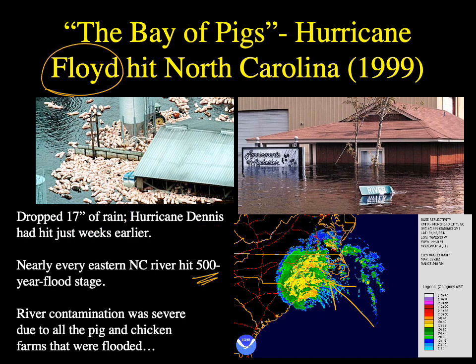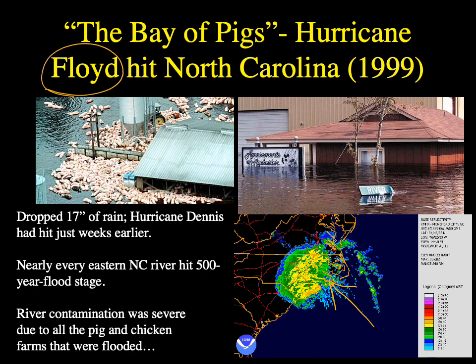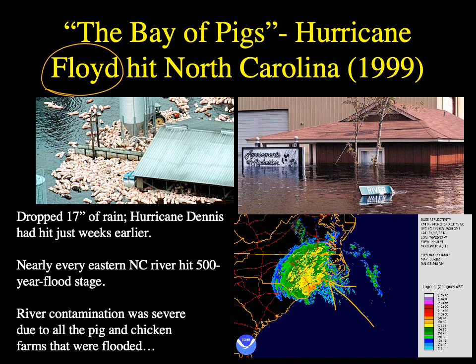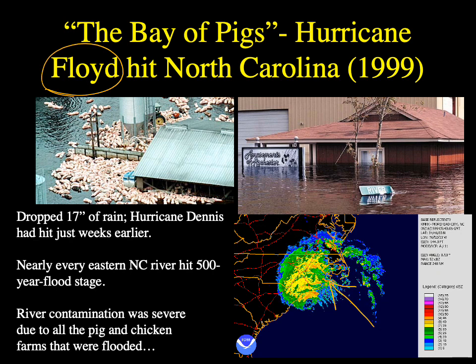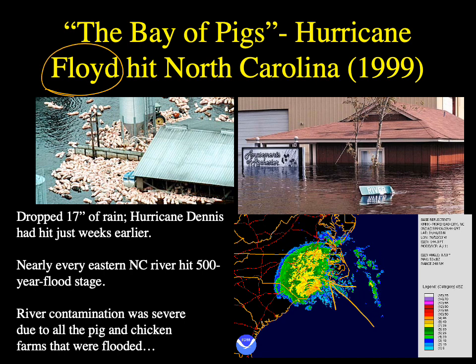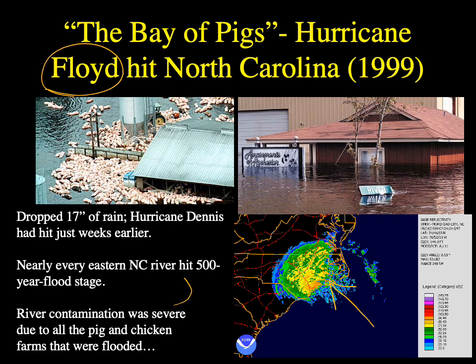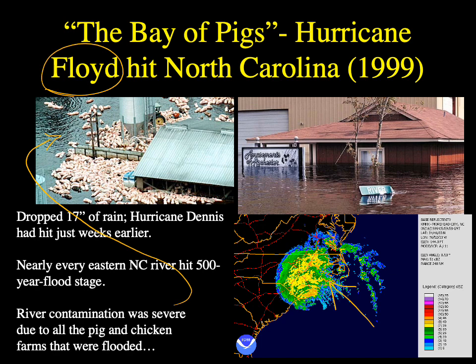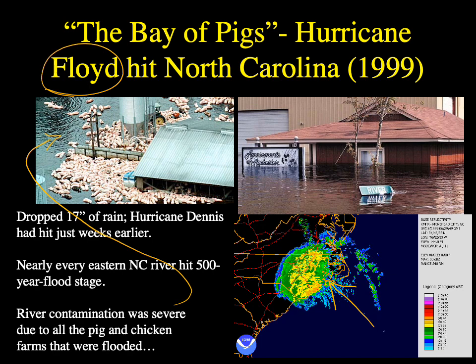Many people actually called this the Bay of Pigs event in North Carolina because the river contamination was so severe. What happened here is the flooding of the rivers. You know that North Carolina is very popular for pig farms, chicken farms, whatever else. The pig and chicken farms that were flooded ended up with tons and tons of pigs and chickens perishing in the floods.